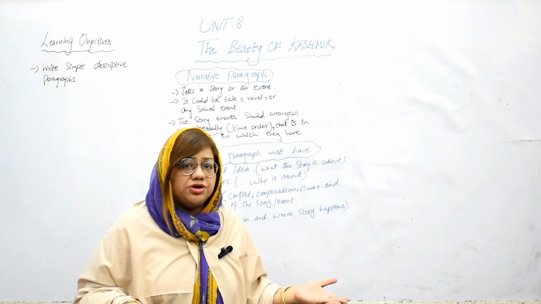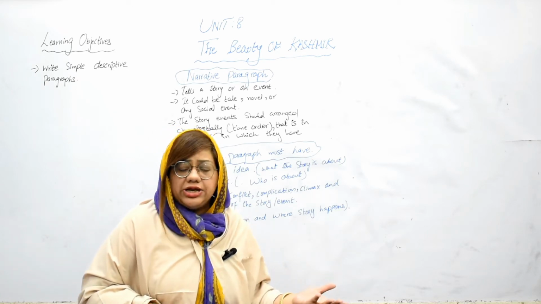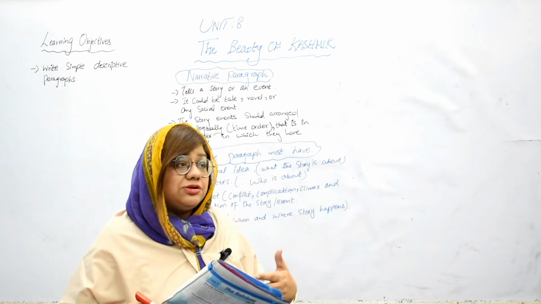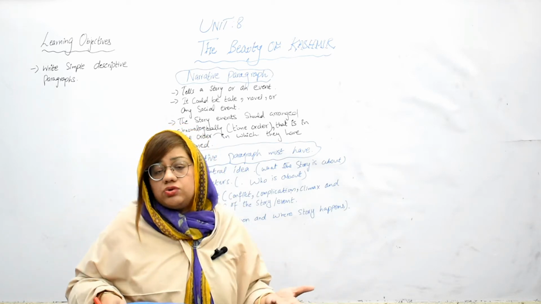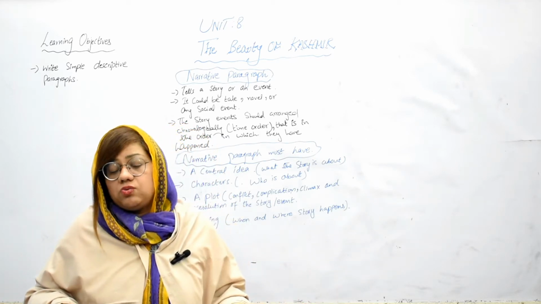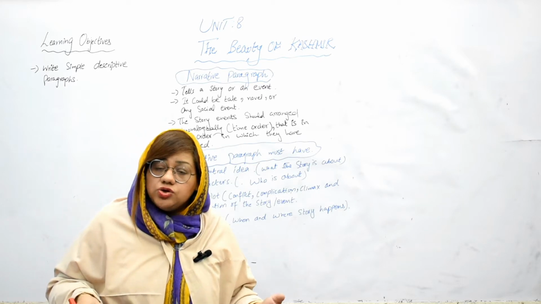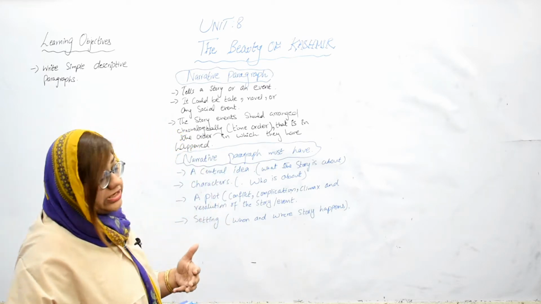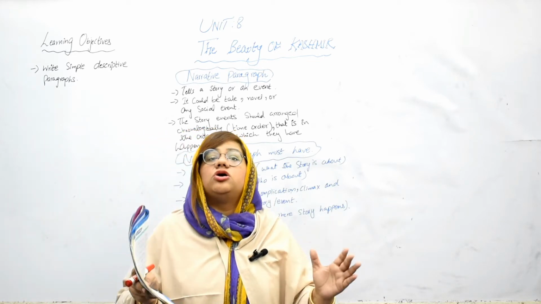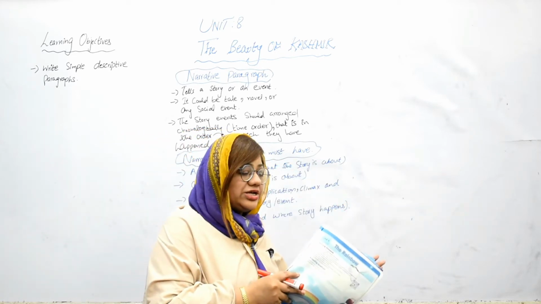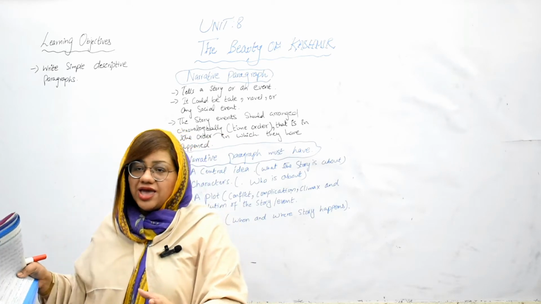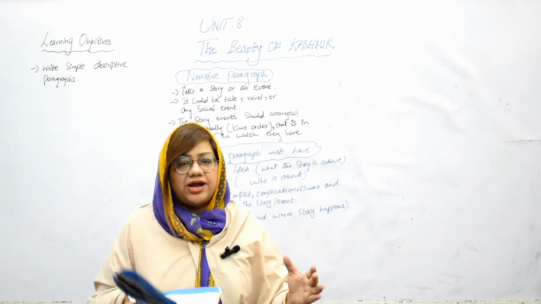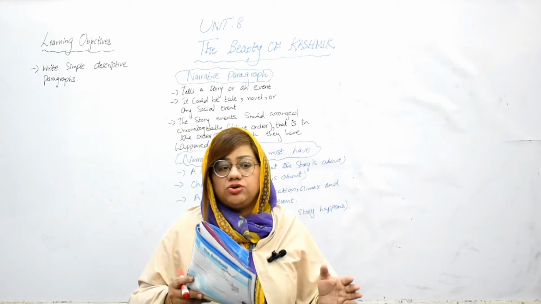If you're writing a narrative by reading a novel, or it may be an actual event that you have experienced, you can also write about that. Then it must be in chronological order, like where it started, what the sequence was, and when it ended. So you must keep this in mind.